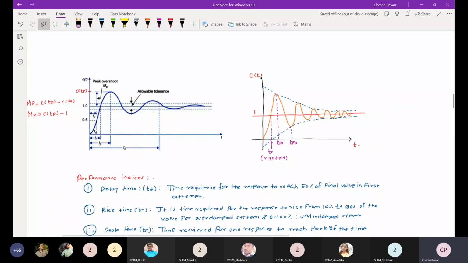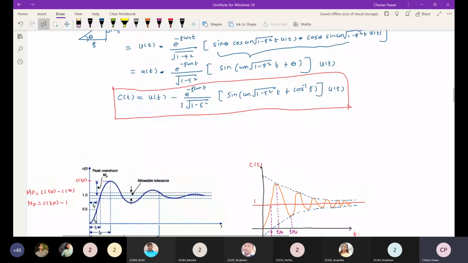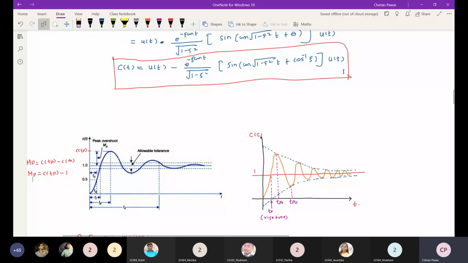For a zeta value between 0 and 1, this response is drawn using this particular equation. It is oscillatory, and it is riding on the input step signal.